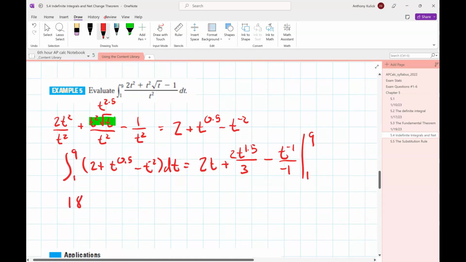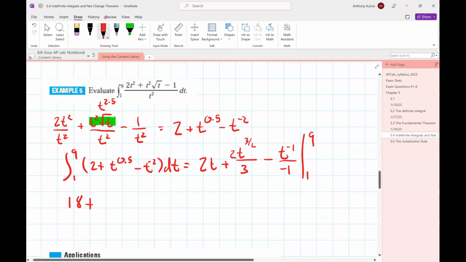So at 9, I have 18 plus... Okay, should be able to do that part without a calculator. What's 2/3 times 9 to the 1.5? Here, we'll make it easier for you.